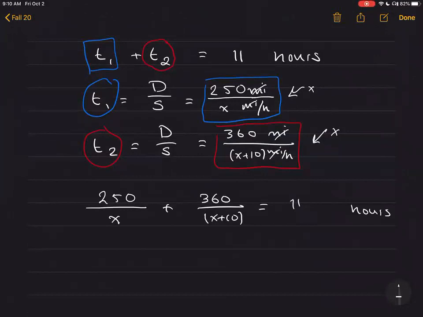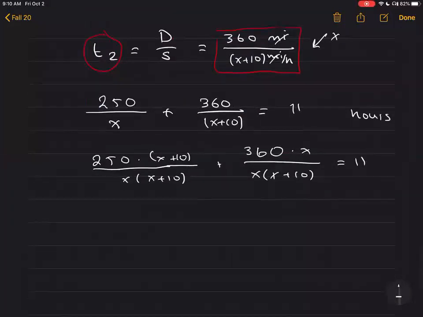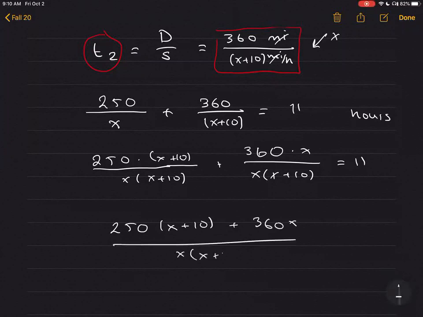We have to make sure that the denominators are the same. So we're going to do times X plus 10, top and bottom, plus times X, top and bottom, all equal to 11. Then we can add these. So we get 250 times X plus 10 plus 360X, all over X plus 10, equals 11.